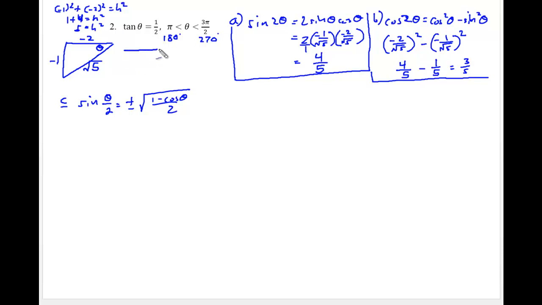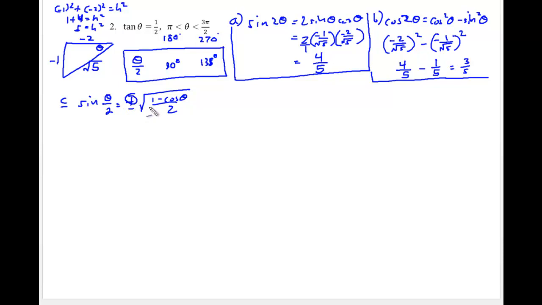So I want to make a box underneath this to show you that for the half angle, when theta is divided by 2, we're going to be between 90 degrees and 270 cut in half, which is 135 degrees. And that means that we're going to be in the second quadrant, and our sine in the second quadrant is positive.